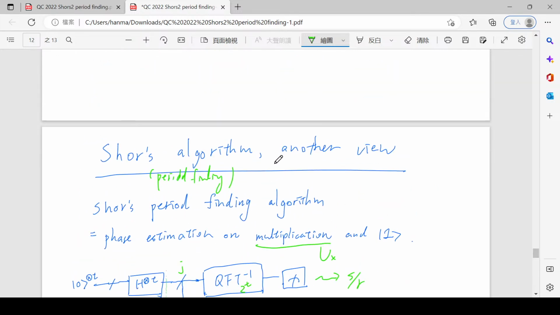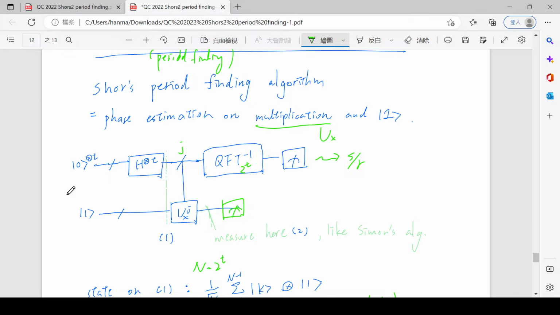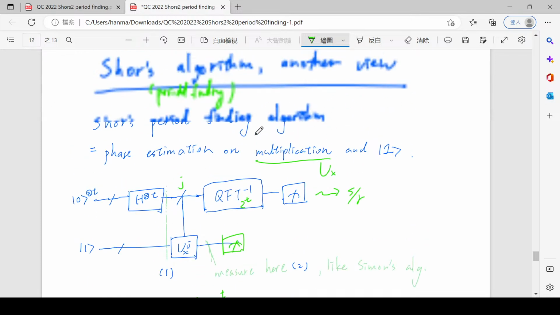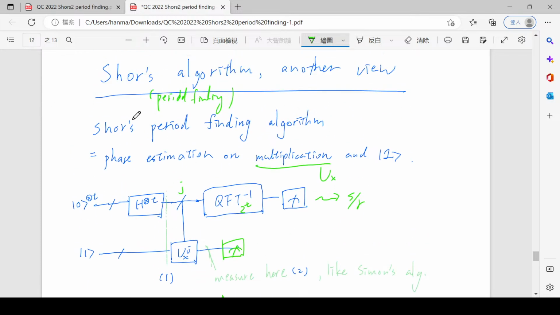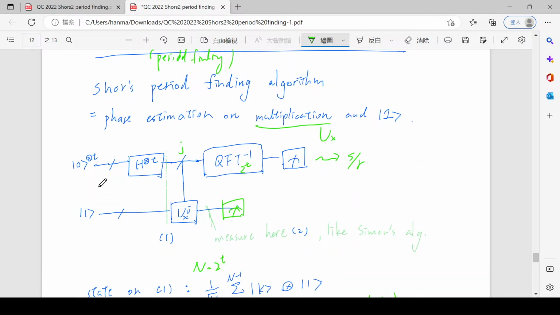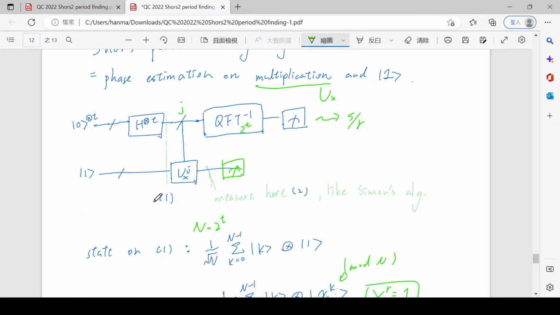Okay, I guess I can just show the whole thing once again. Okay, so this is what we do. Another view of Shor's period finding algorithm. So we are analyzing this phase estimation without thinking about the eigenstate of this one register. Right?